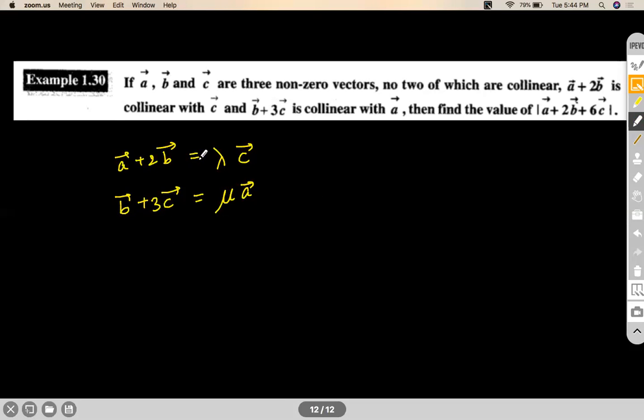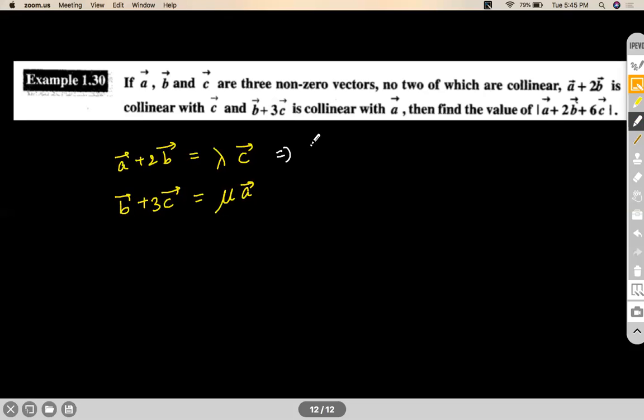Now, can I say from the first equation that, yeah, I have to get A plus 2B plus 6C kind of an expression. So what I'm going to do is eliminate B from it.